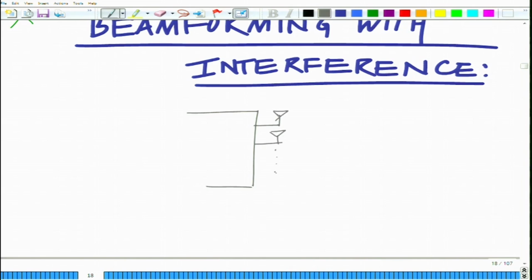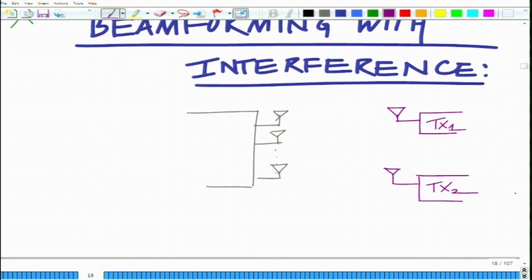So, you have, as usual, this multiple antenna array, and now you have a user to which you want to transmit, let us call this the desired user whose signal you want to receive, and you have another user who is an interfering user whose signal you want to reject.